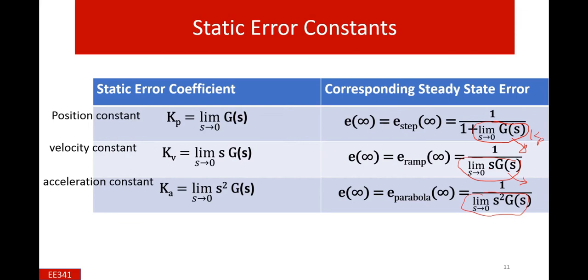And similarly, this is also a constant if we take G(s) as a type 2 system, then definitely this answer is constant for parabolic input. So this is the summary to understand both terms in a combined way, and it will be helpful to understand the remaining part of the lecture.